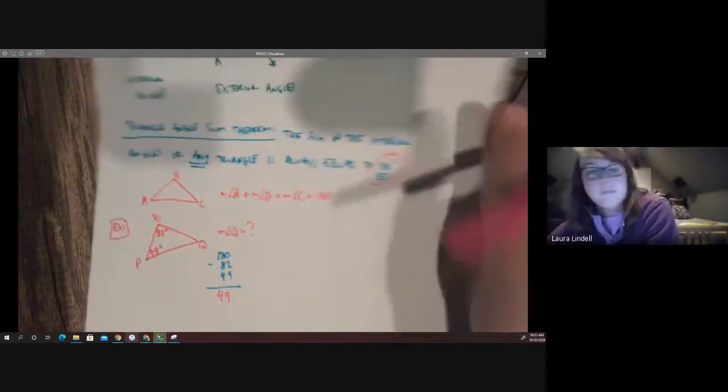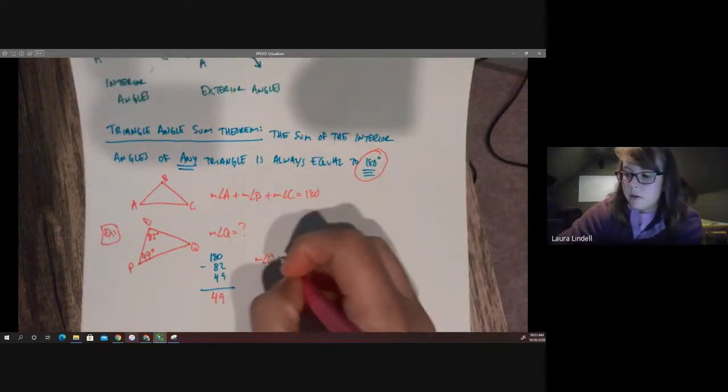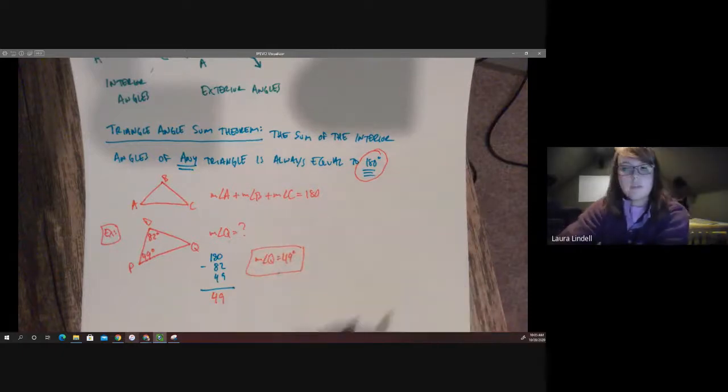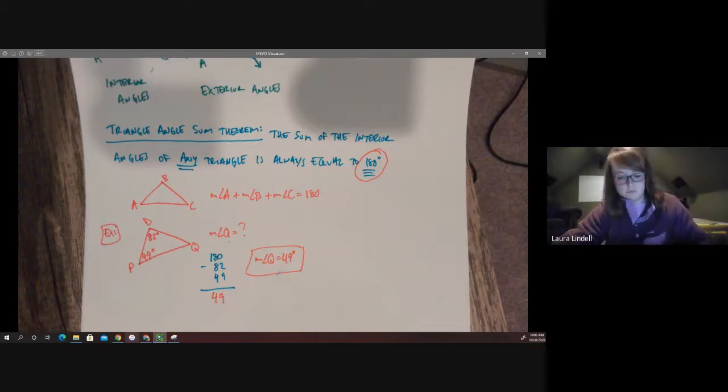You can't see that. So then the measure of angle Q is 49 degrees. So that's one way we can use the triangle angle sum theorem. We can use it to find a missing angle. Okay.